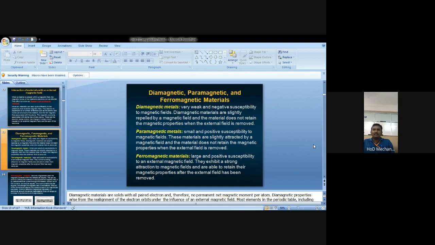That is, diamagnetic materials are slightly repelled by a magnetic field and the material does not retain the magnetic property when the external field is removed.